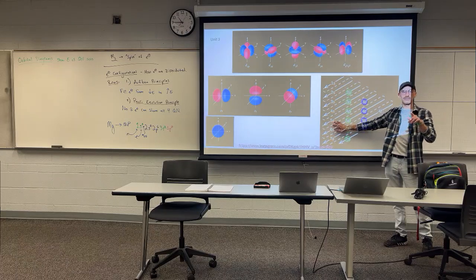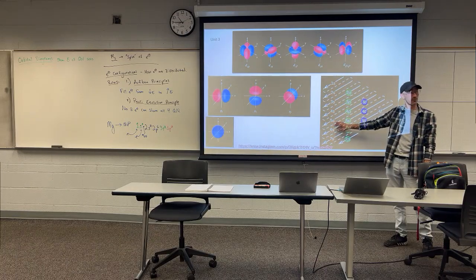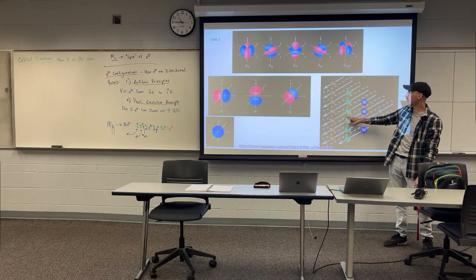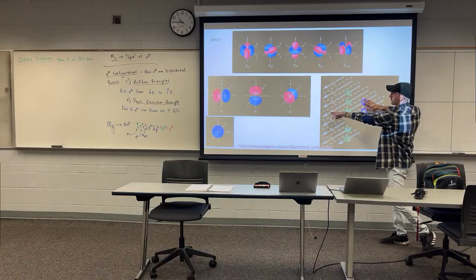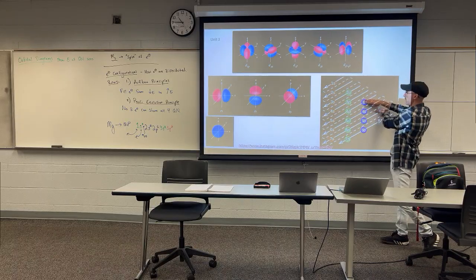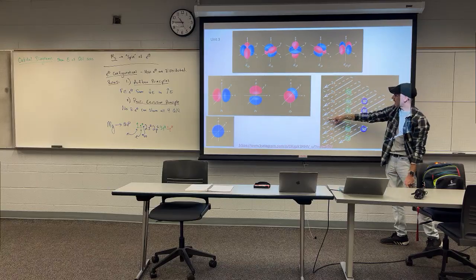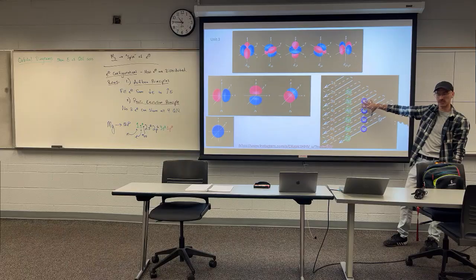So that rule I gave you, you fill the 3d after you fill the 4s, despite 4 being a higher shell number, that actually is accounted for in this little diagram. So this is a screenshot from your book.